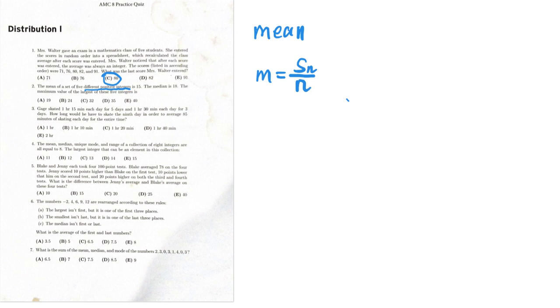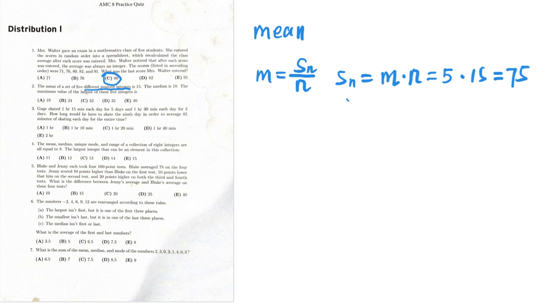The mean is 15, and from this formula we get the sum equals mean times the number of numbers. The total is 5 numbers, mean is 15. So the sum is 75.